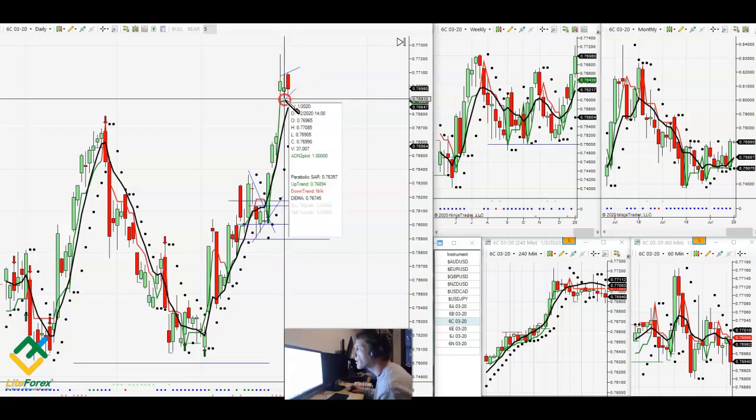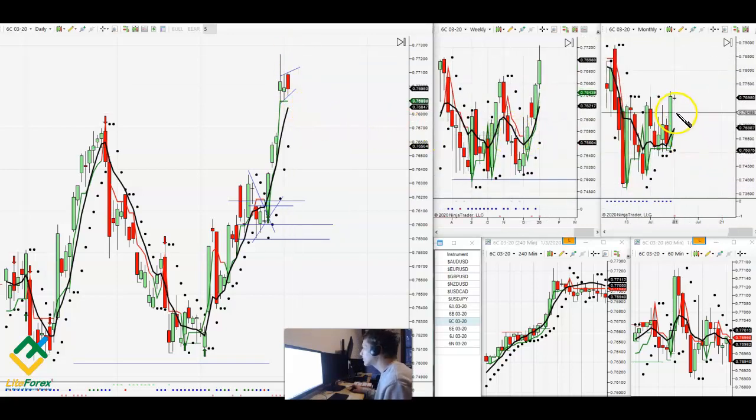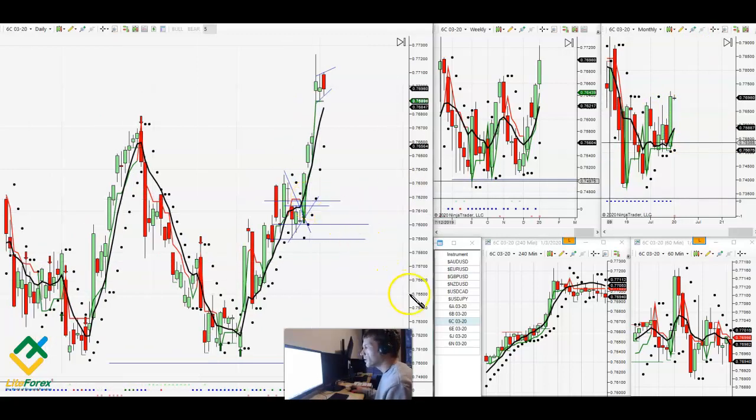The low 76.905. We hit 76.935. But just looking at this monthly, to me, this looks like this could come down more before it continues the uptrend. So that's how I would play the Canadian dollar. I think there's more downside on the Canadian dollar, meaning there's going to be more upside on the USDCAD.